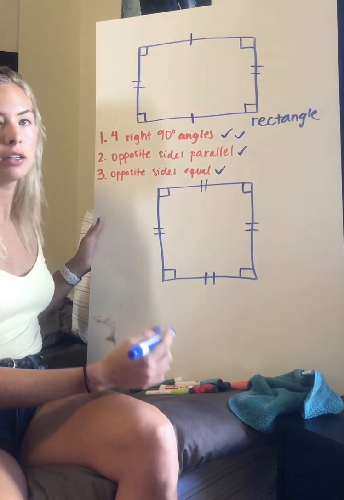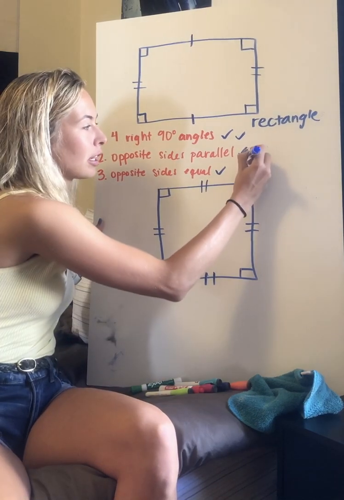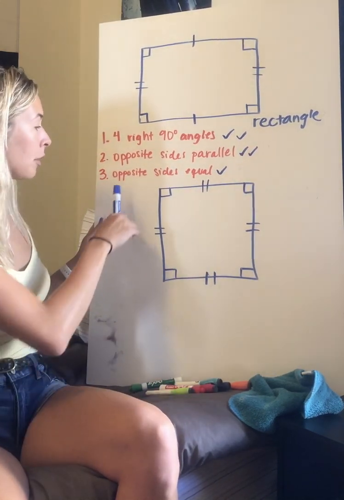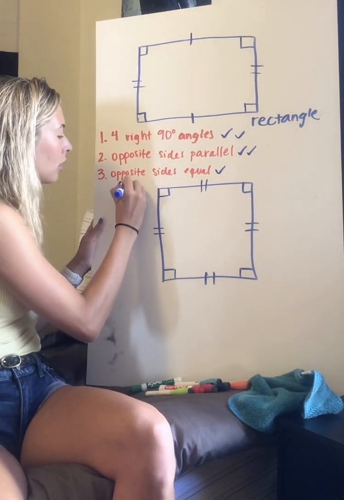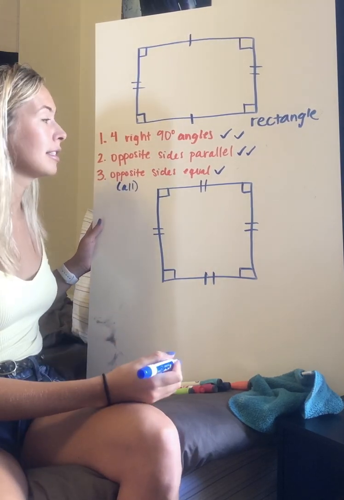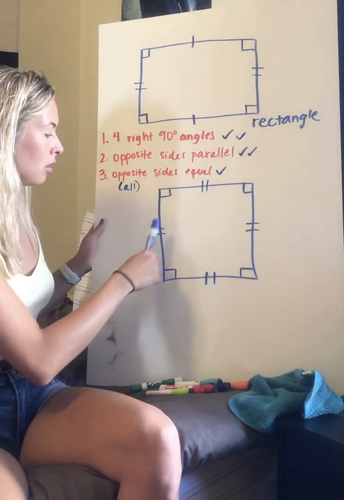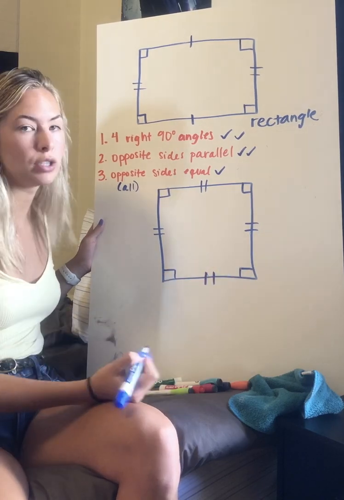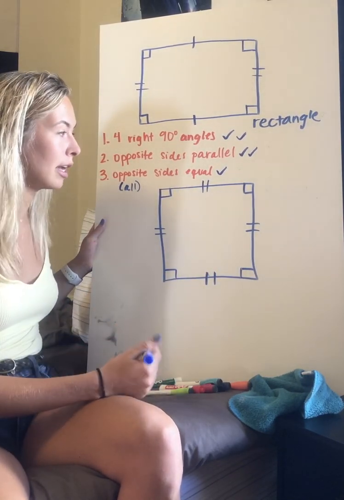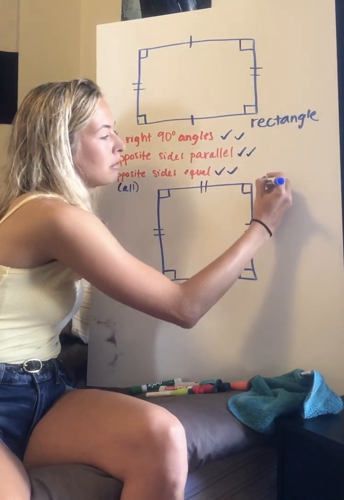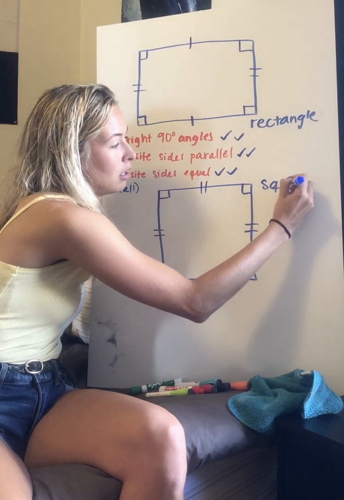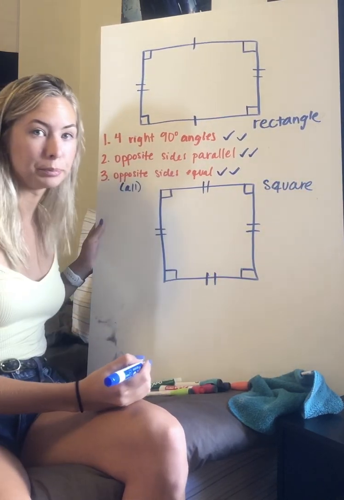Opposite sides are parallel. Again, you can just see that these won't intersect, so those are parallel. Number three, opposite, or in our case, all sides are equal. All sides have two tick marks, right? Which means that those are all the same. So that checks off. And this means that this figure is a square.